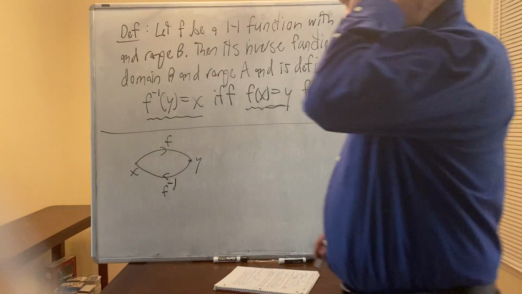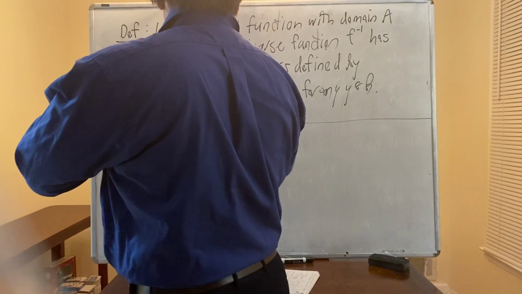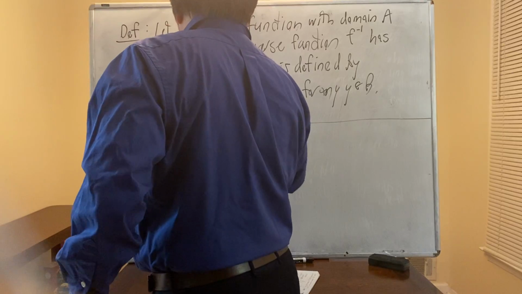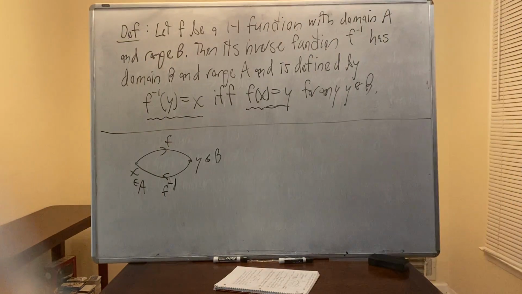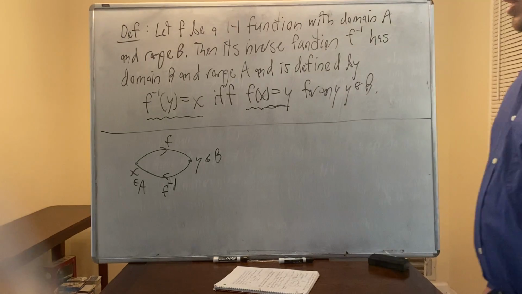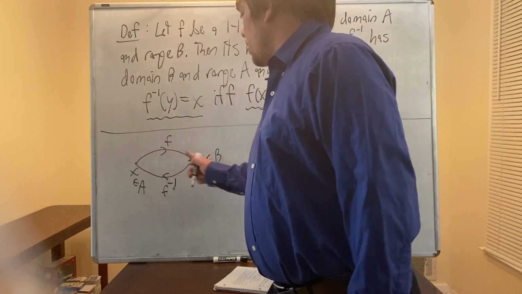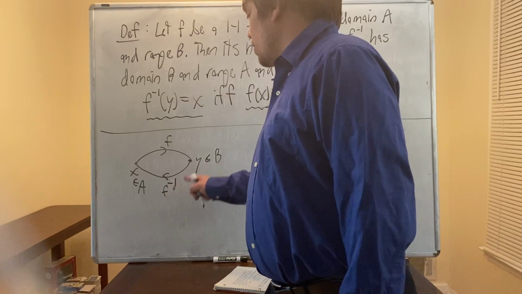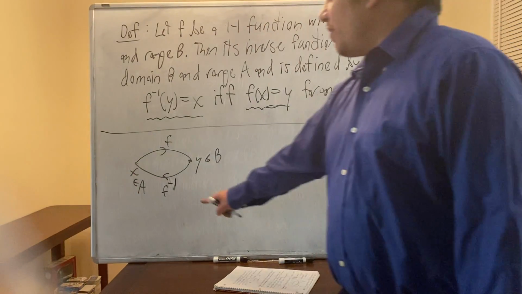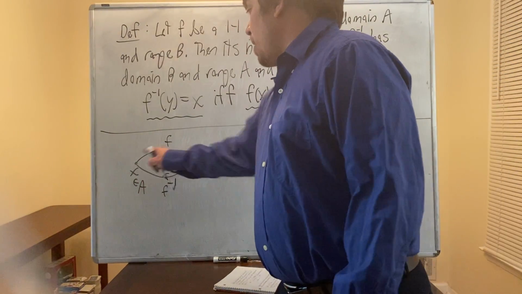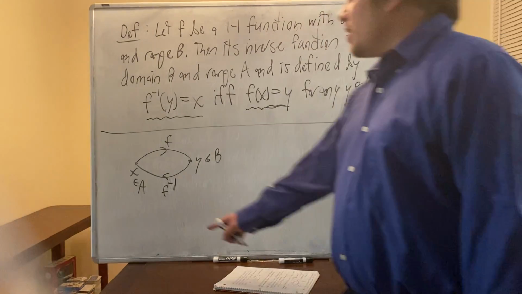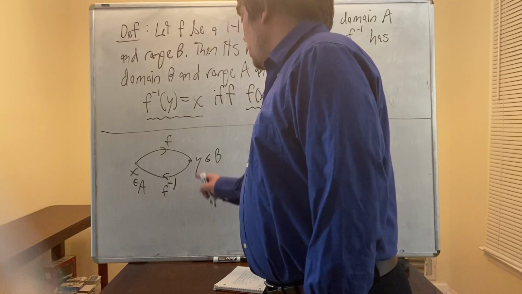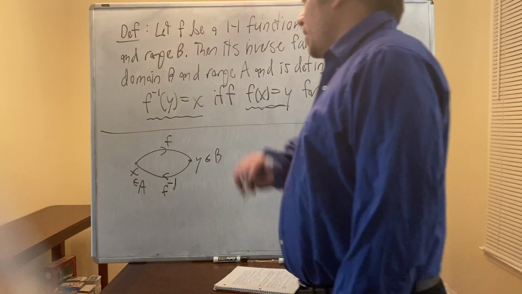Here y is in a set B, and x is in a set A. So whenever f maps x to y, f inverse maps y to x. Whenever f inverse maps y to x, f maps x to y, where x is in a domain set A for f, and y is in a codomain set B for f.